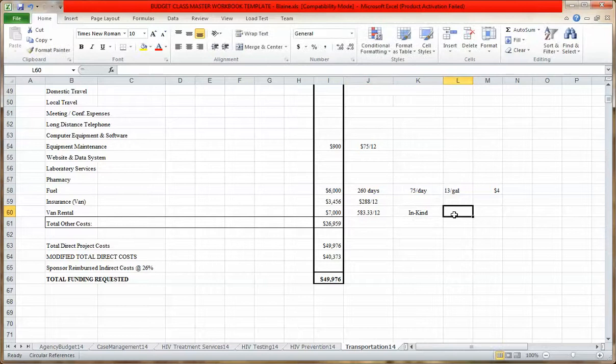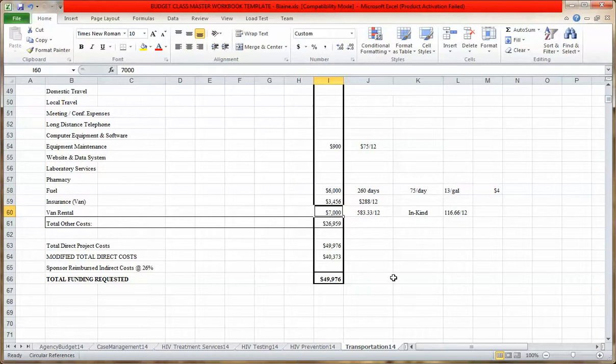And the in-kind amount, or the difference in what it was before and what it is now, is $116.66. And in my justification, I'm going to say that that amount is an in-kind amount that is going to be given to the organization, and it reduces our amount there so that we can actually make our budget.